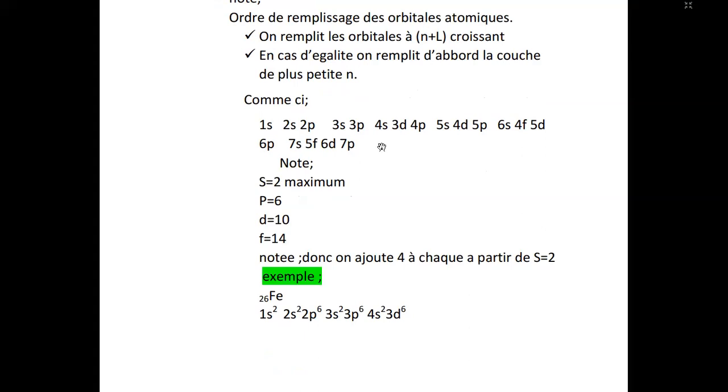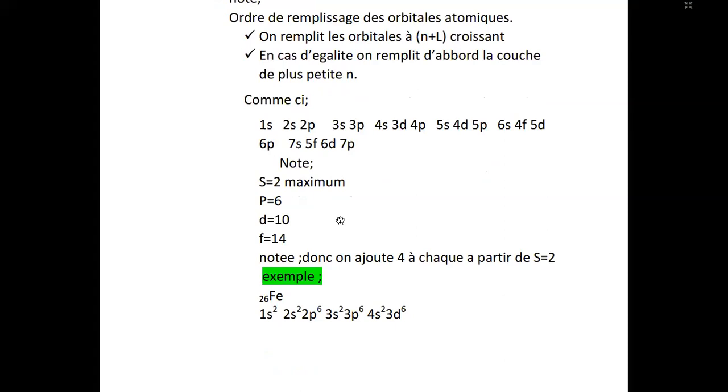So when you're writing these things, don't get confused. If you have the N and L formula in your head, N is the principal number, L is the secondary number, which you know how to calculate.